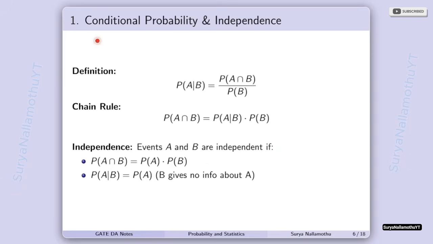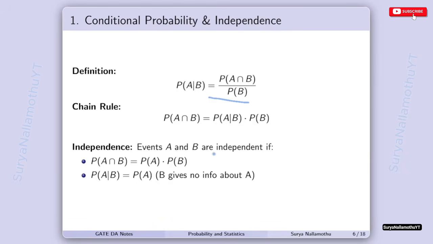Next, here we show conditional probability and independence. This is the formula for conditional probability: P of A given B is equal to P of A intersection B divided by P of B. The chain rule is when the divided term is moved to the other side.